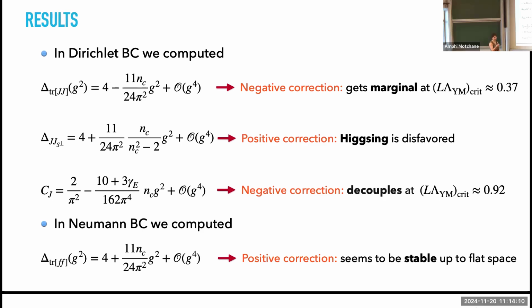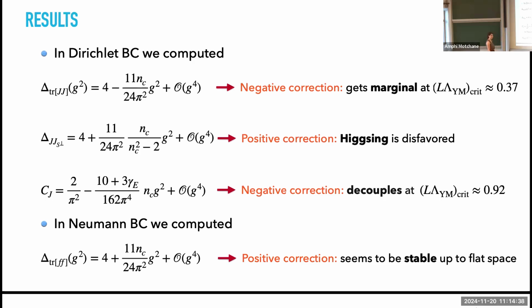I'm sorry, I don't remember. I can tell you later because I have it. While lambda Yang-Mills does not depend on N_c, the value of g squared depends on N_c. It's like 22 over N_c, something like that. So maybe we can check after, with the 16 pi squared, I don't know.